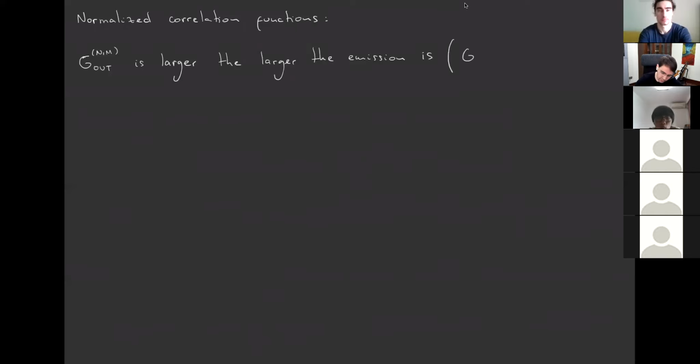As a simple example, imagine that you care about this G11 of the same times, which is nothing but the expectation value of the output number operator. As I told you, this just gives you the number of photons radiated per unit time. So if you have a system that is radiating a lot, sending a lot of radiation out, this will be large. If it's sending only one photon from time to time, then it will be very small, right?